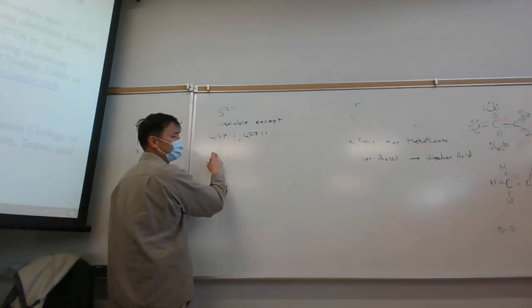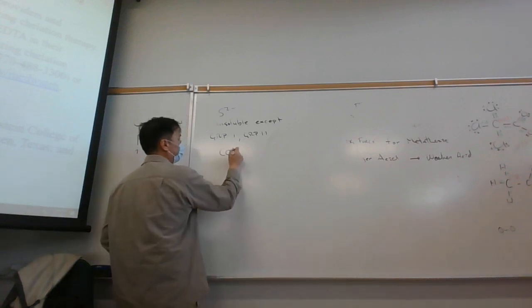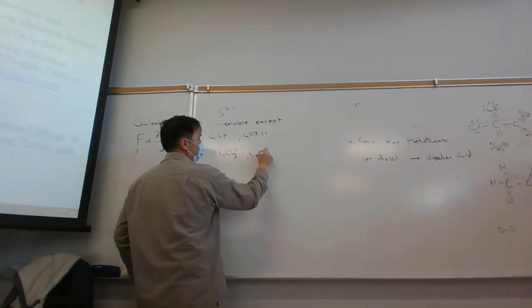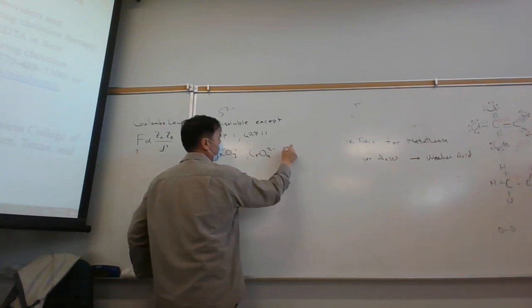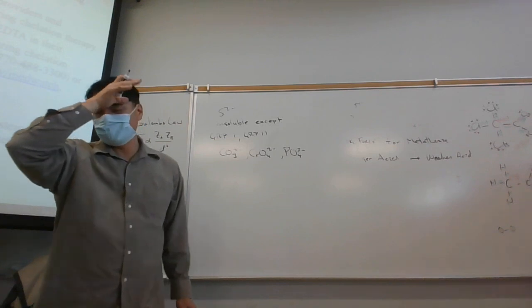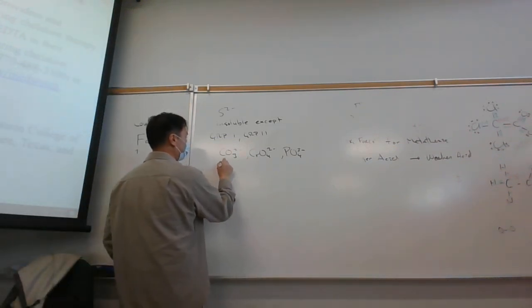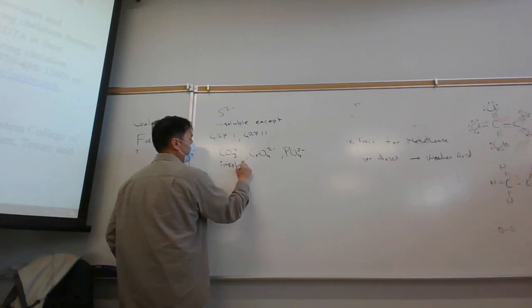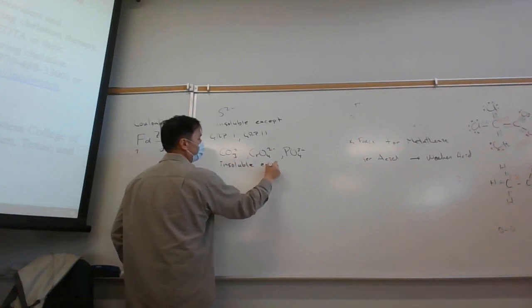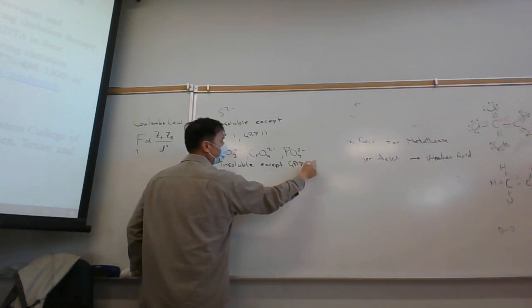After sulfides, we go to hydroxides, then we go to carbonates, chromates, and phosphates. These are fairly high charge species, and these are insoluble, unless they're paired with a very low charge species, except for group 1 and ammonium.